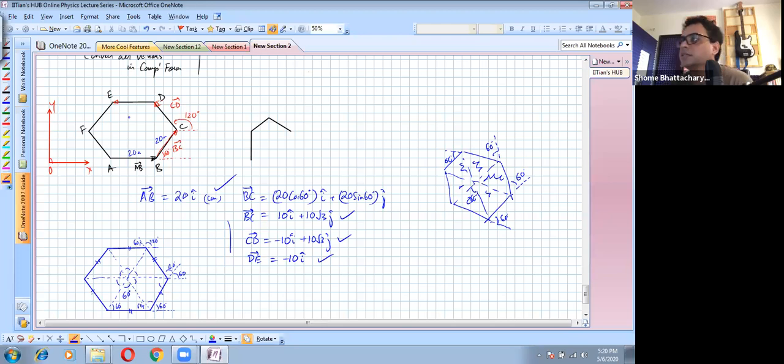Oh, sorry, that's correct. Make this correction. Pointed out correctly, this will be minus 20 because the side length was 20.